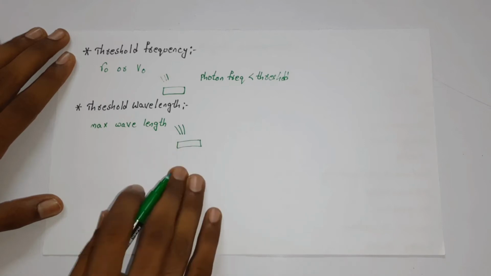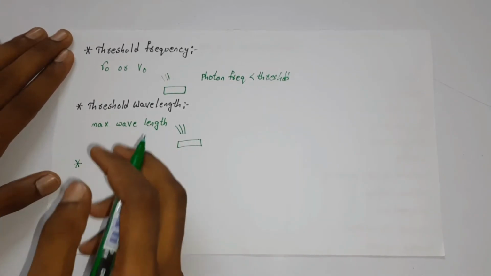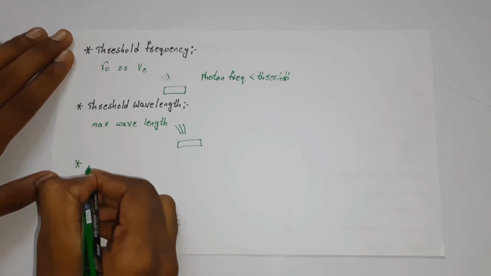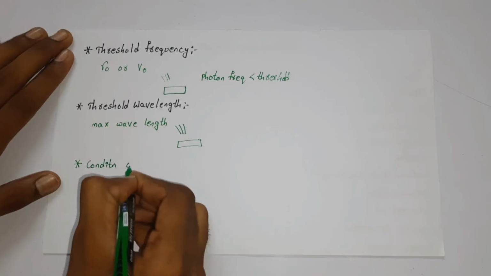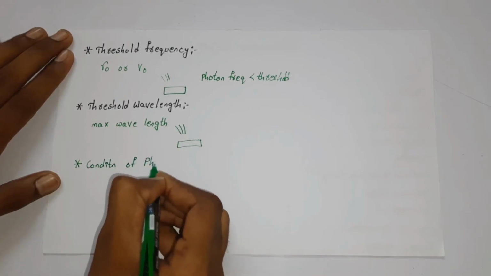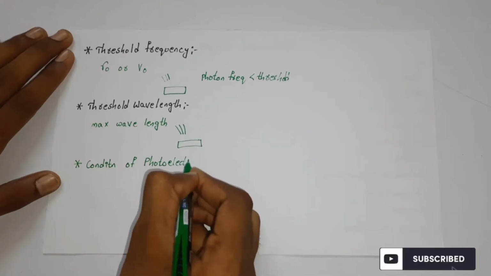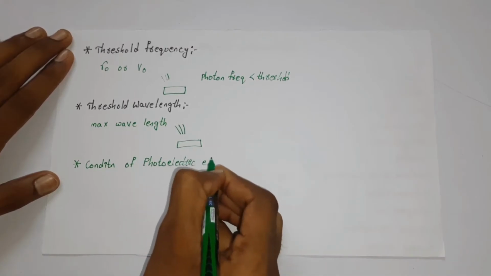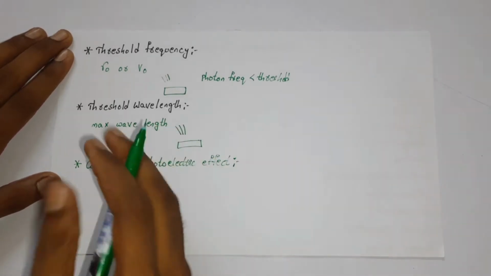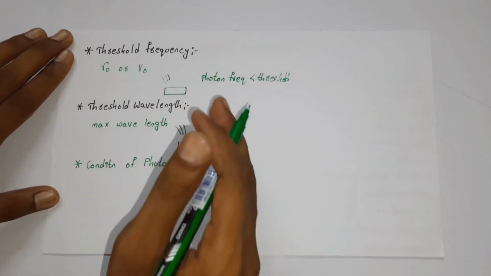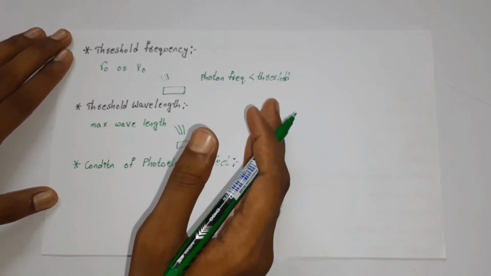And there is another important condition which makes the photoelectric emission successful, that is the condition of the photoelectric effect. As we observed, the photon frequency should be greater than the threshold frequency that is required.